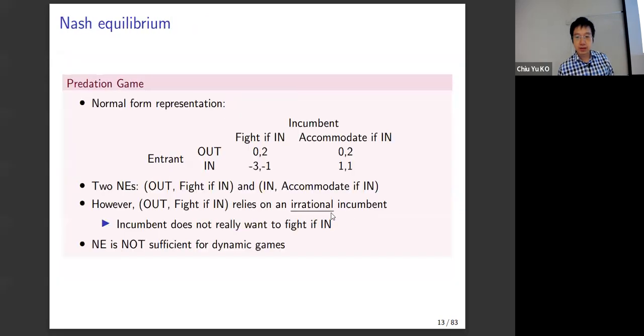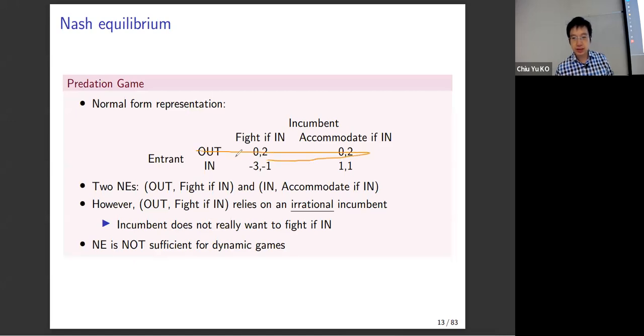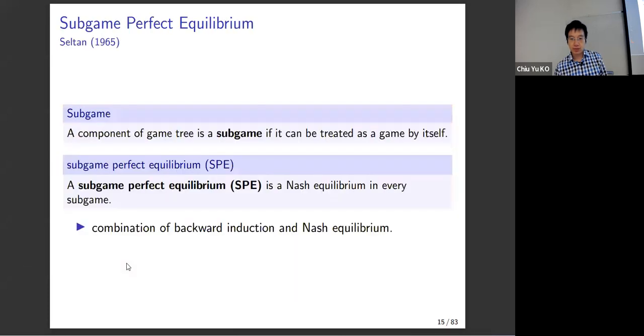What does that mean? Now, if player one, the incumbent, has to choose, this is the game he's facing without the first move. It tells us the best strategy, and that turns out to be the same as backward induction. So backward induction is isomorphic to subgame perfection.